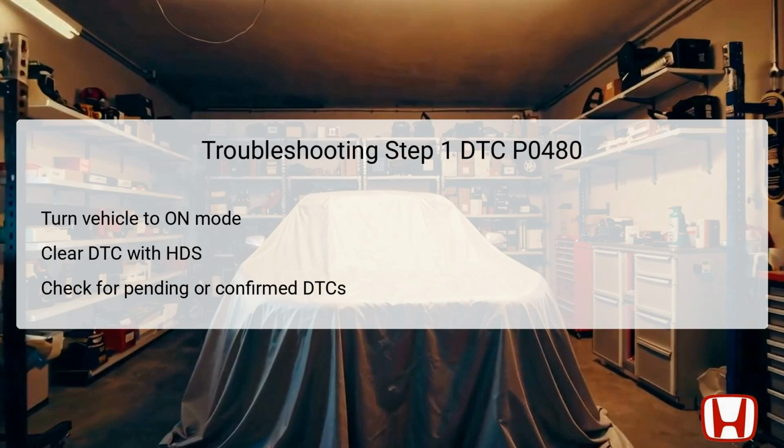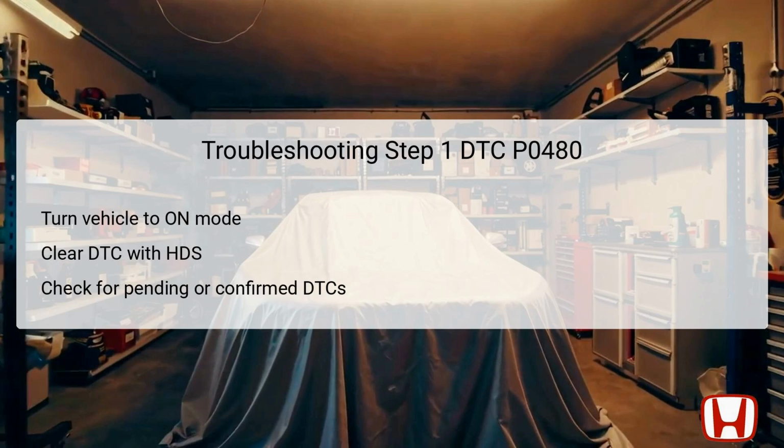Once cleared, navigate to check for any pending or confirmed DTCs again using the HDS. If DTC P0480 still appears, it indicates that the problem persists and the failure must be duplicated in the next steps. If the DTC does not reappear, this may suggest an intermittent issue, warranting a closer examination of electrical connections and terminal integrity.